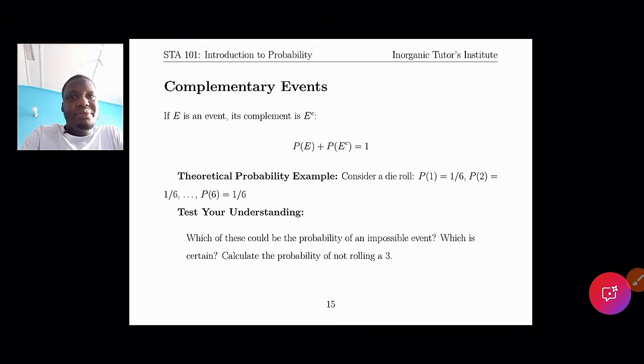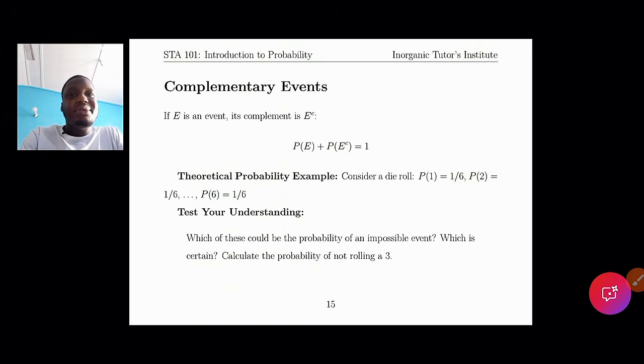And you should be very careful about this. For instance, if you take my example about the age of students, where I said one of them is of age 20, you can't say 21 will be a complement to 20 because there might be other ages.